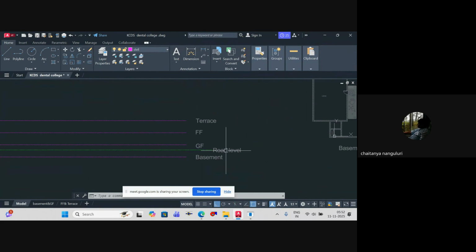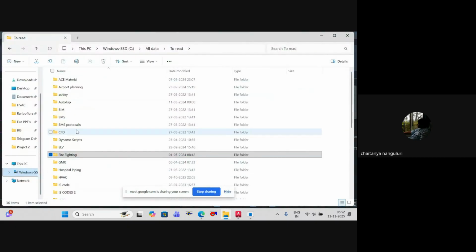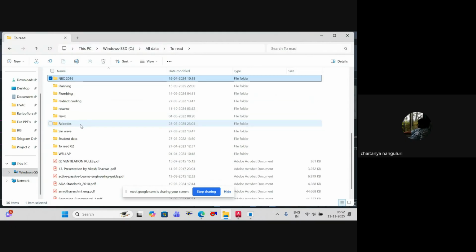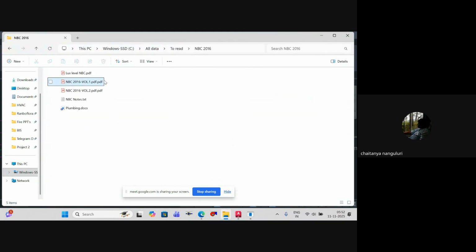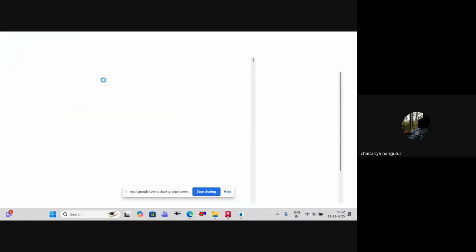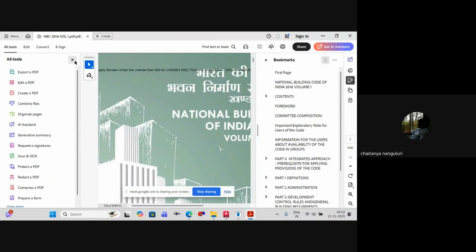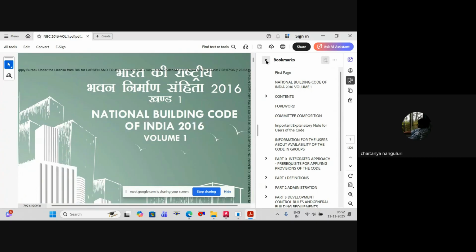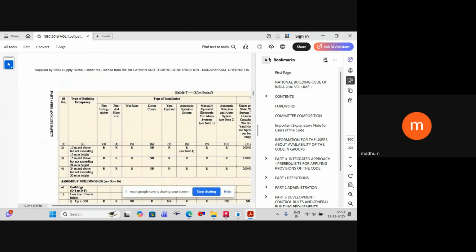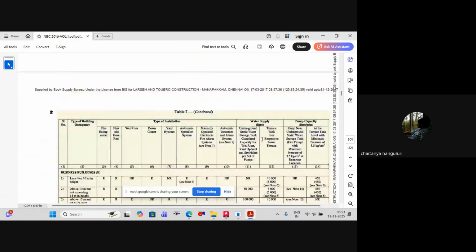Anyway, so this is basement, road level, ground floor, first floor, and terrace. So for this, we have to work on the project. So let's go to NBC code. Volume one. So what kind of classification will come under if it's a hospital? Institutional. Yes, absolutely.